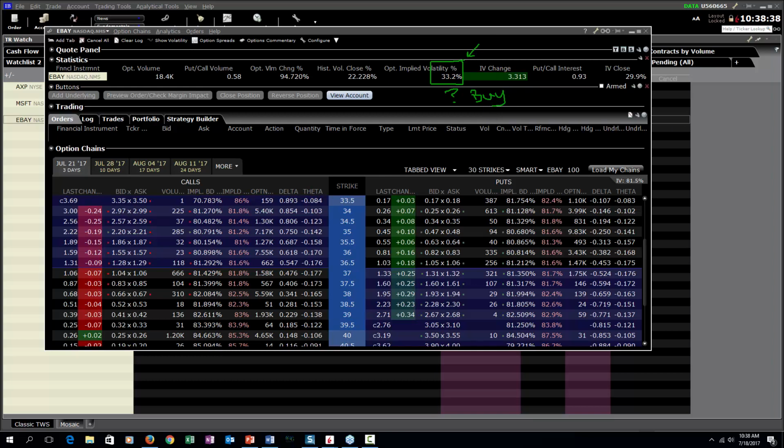So let's talk a little bit about strategy around these earnings plays. And it doesn't even have to be around earnings. It could be around anything. What would be examples of buying? Well, simple examples. If I think this is too low and I want to buy volatility, I could come in here and I could buy a call.